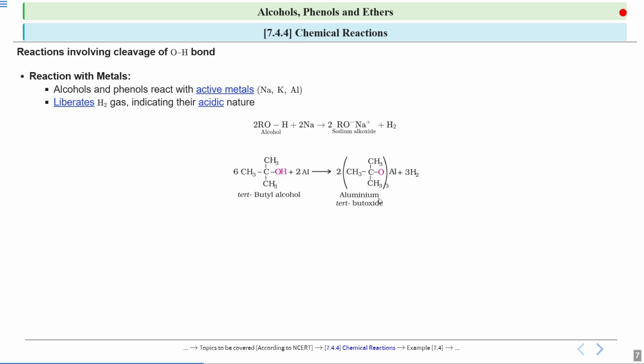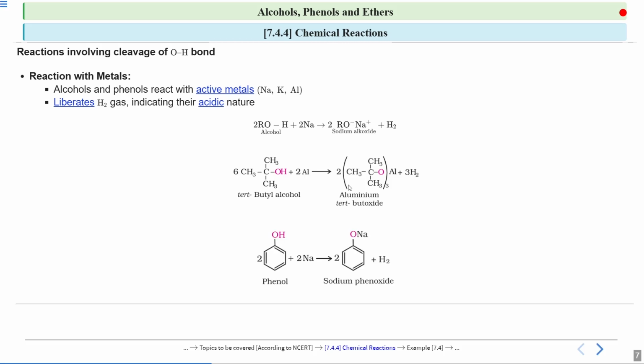So this is aluminium tertiary butoxide. Again, the OH bond which we initially had in the alcohol is cleaved. Look at the product side, there is no OH bond because the aluminium is now attached to this compound. So this forms aluminium tertiary butoxide.